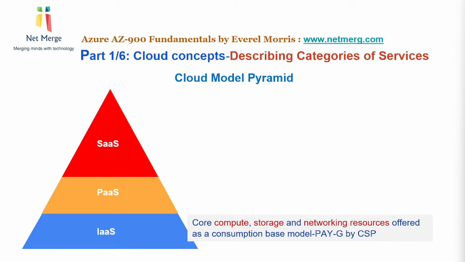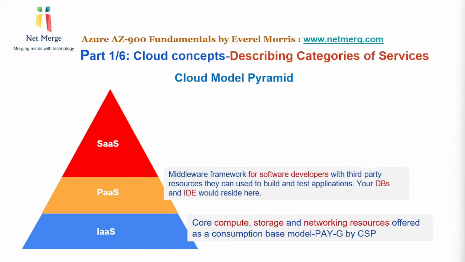So that's referred to as compute, and that's where that type of service would be offered at the infrastructure as a service level. So you get compute, you get storage, different storage types, you get your network services where you could configure your own network, and this is offered as a consumption based model, pay as you go pricing. You're leasing the time and service and the storage resources, or all the resources from the cloud service provider.